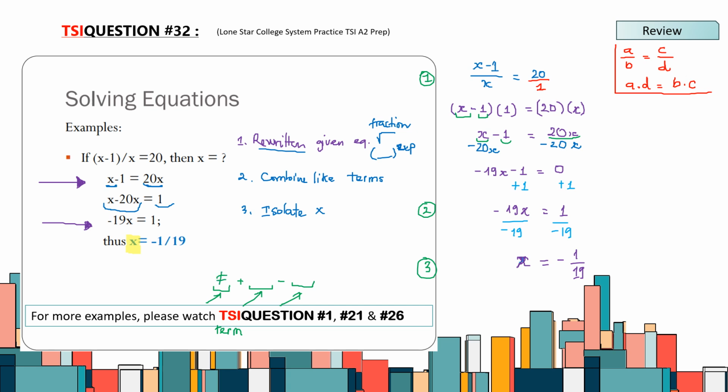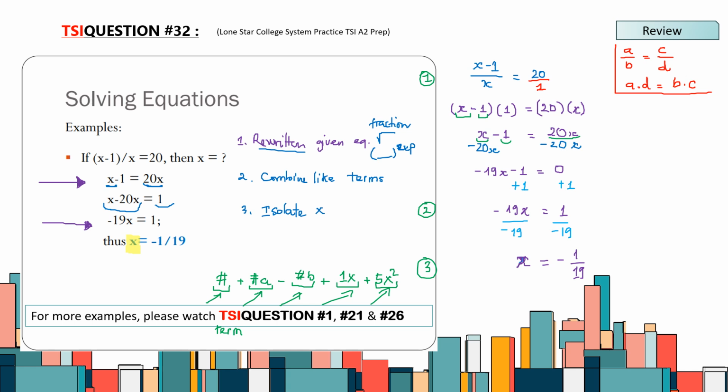A term can be a number, or a number multiplied with a letter, like x, a, b, c, or 5x square or something. Each of those terms includes x. We can have x square or x.